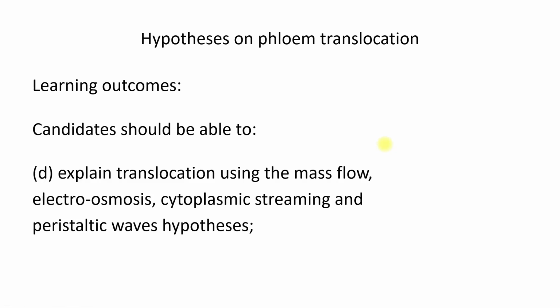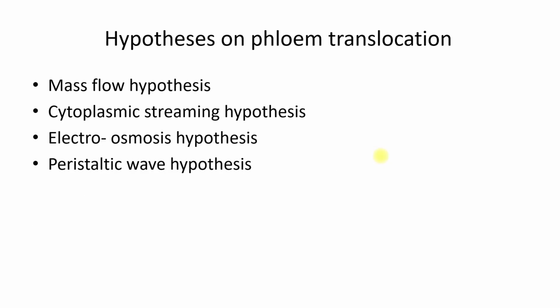Now you are going to learn about the hypotheses on the phloem translocation. I already explained to you about the phloem translocation. Now let's go behind the hypotheses that explain this phloem translocation. The hypotheses on phloem translocation are the mass flow hypothesis, cytoplasmic streaming hypothesis, electro osmosis hypothesis, and peristaltic wave hypothesis.